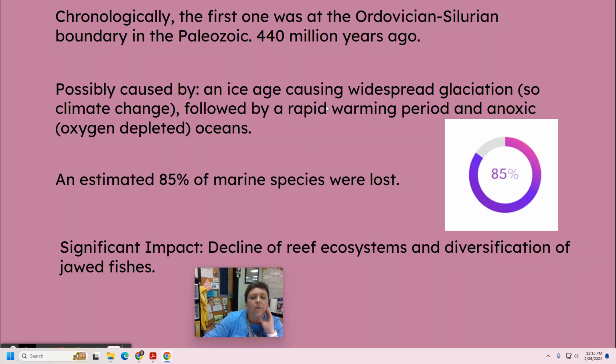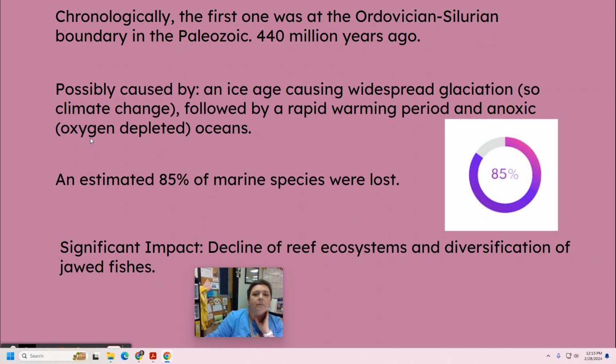And then a rapid warming period. Again, that is climate change. And it says anoxic oceans, which means that the oxygen has been somehow removed from the oceans. And that is actually kind of happening right now, too. I know that you guys have heard about the coral reefs disappearing. That it's part of that.